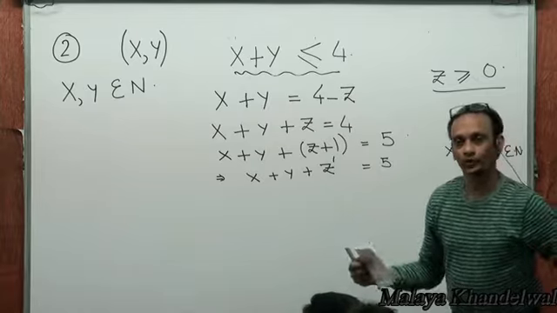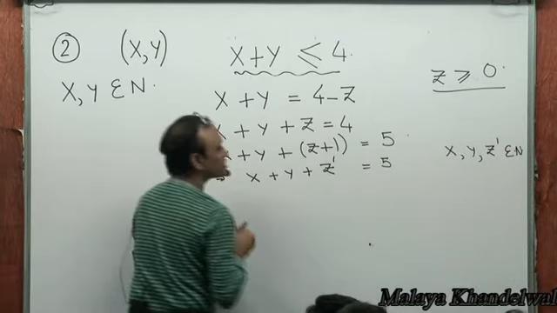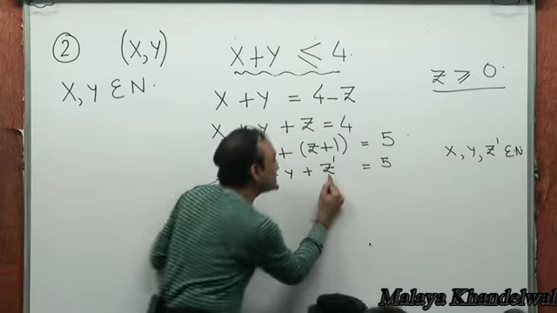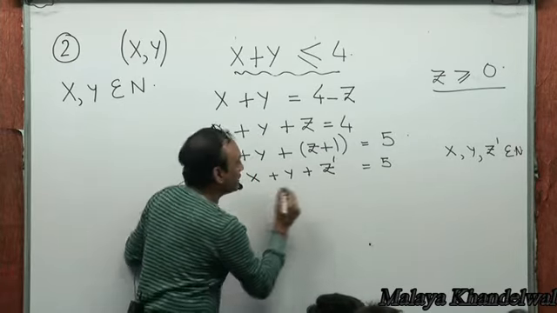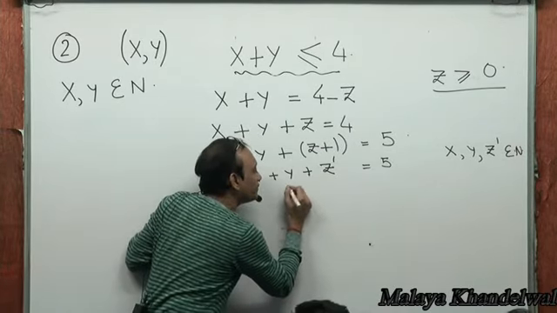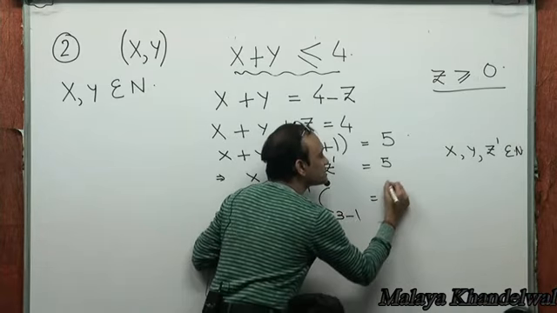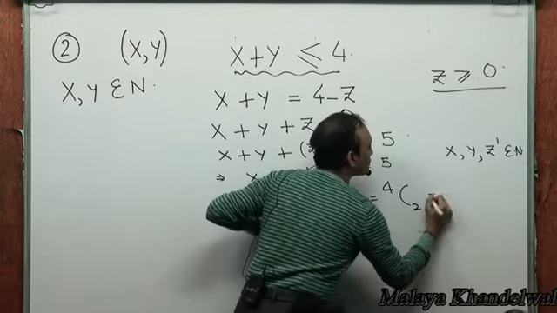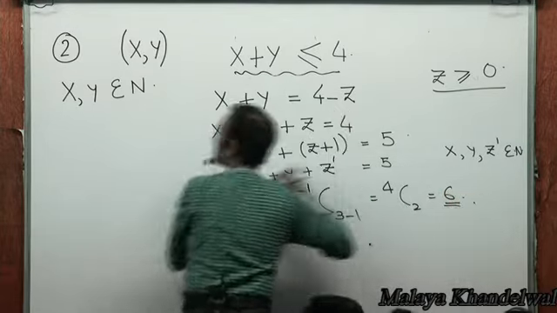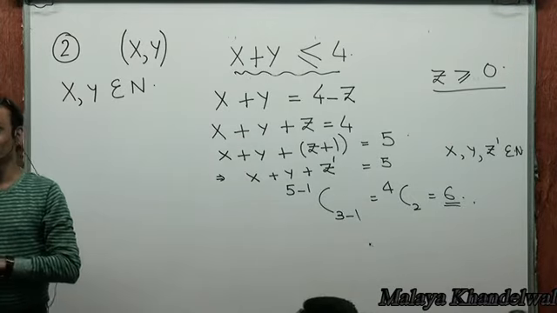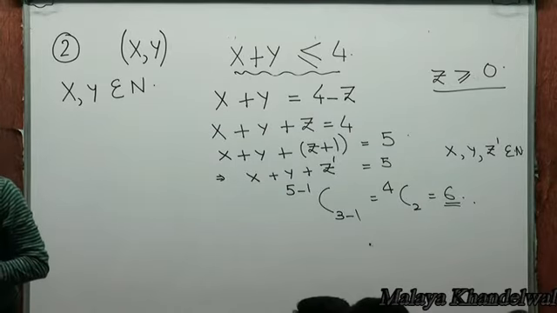The number of natural number solutions is n minus 1 c r, where r is 3 here. So 5 minus 1 c 3 minus 1, which is 4c2. That is 6 ways. Yes or no? If you have performed trials and arrived at 6, you would know.